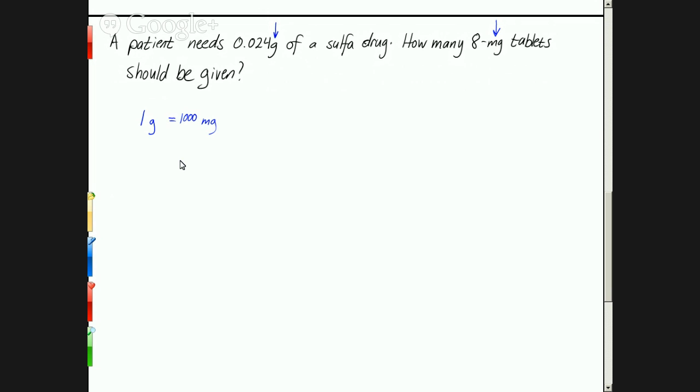What about centi? It's 100, but it's the other direction. It's not that there's 100 grams in a centigram. There's 100 centigrams in a gram, or 100 centimeters in a meter. And then milli, as we just talked about, is 1,000, but on the small side also. So there's 1,000 milligrams in a gram, or 1,000 milliliters in a liter.